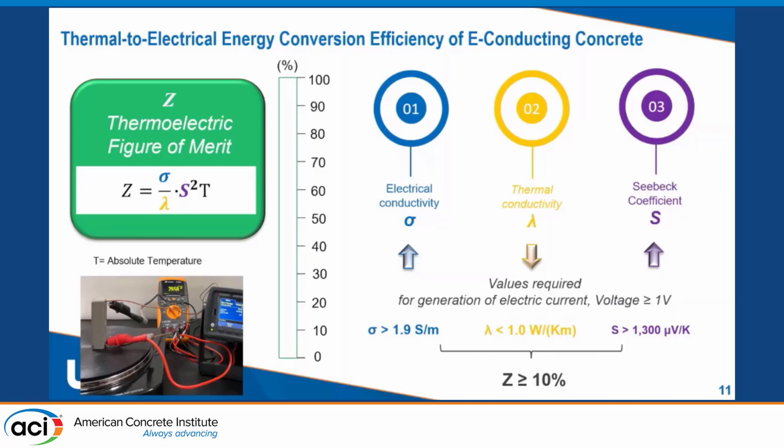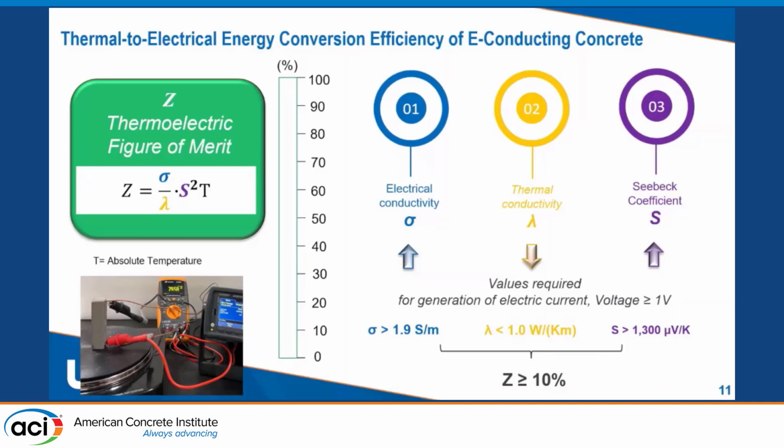And because this study is a little complex, a little confusing, we set some benchmarks here. The benchmarks here are some values that are required for generation of electric current of a voltage of at least 1 volt.